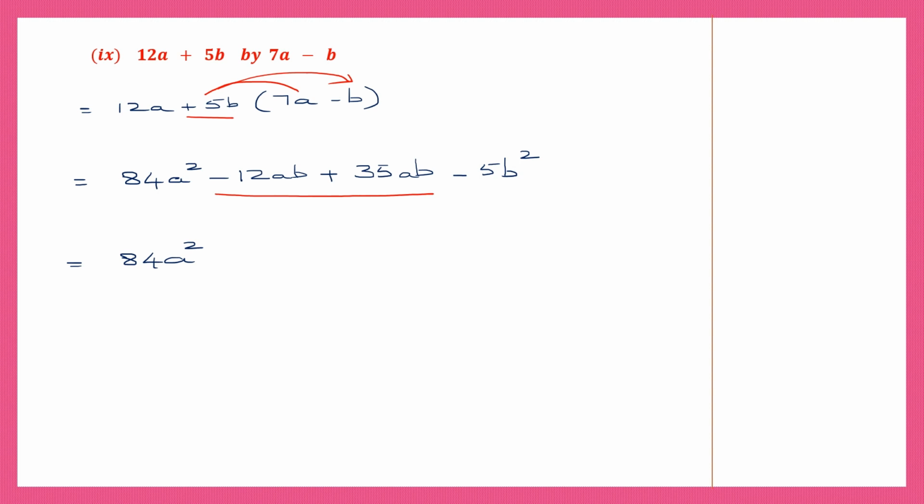Now there we have minus 12ab plus 35ab. Take only the numbers, minus 12 plus 35. Signs are different, so we put the sign of the bigger number and subtract, 35 minus 12. That is 23. So we got plus 23 and the literals are a, b. Now what is left is minus 5b square. So we have our answer: 84a square plus 23ab minus 5b square.